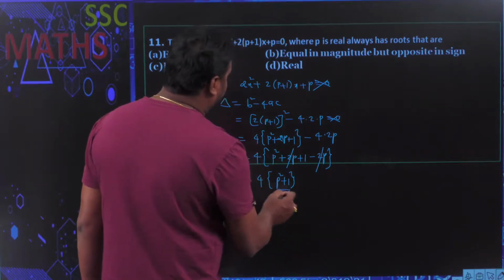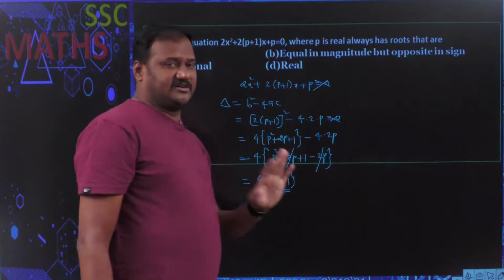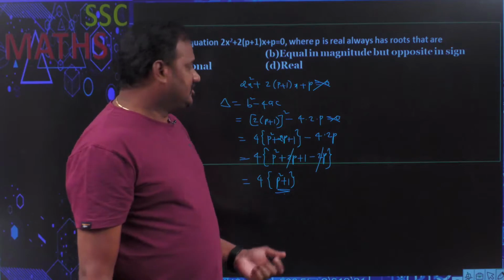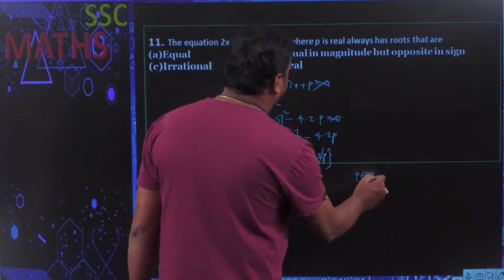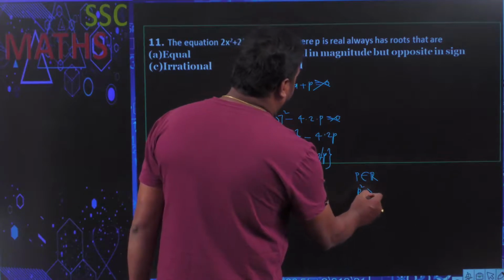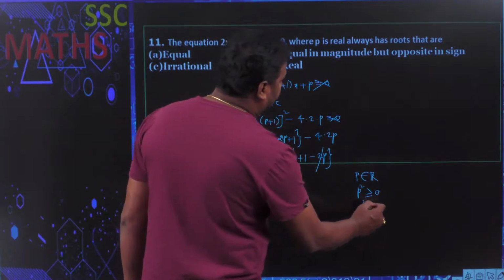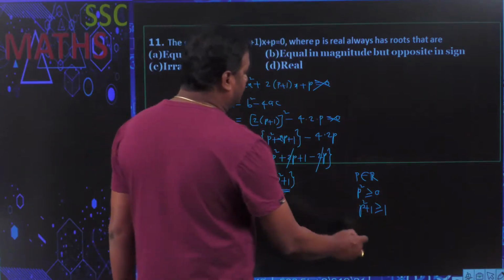So what is this p square plus 1? p being a real number, p square is always positive, or it can be 0 also. So p square is always greater than or equal to 0. If p square is greater than or equal to 0, p square plus 1 must be greater than or equal to 1. So 4 into 1 is equal to 4.